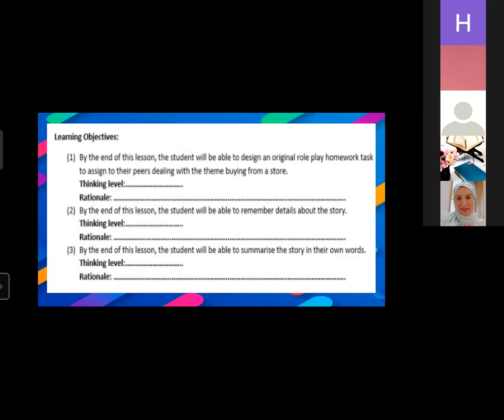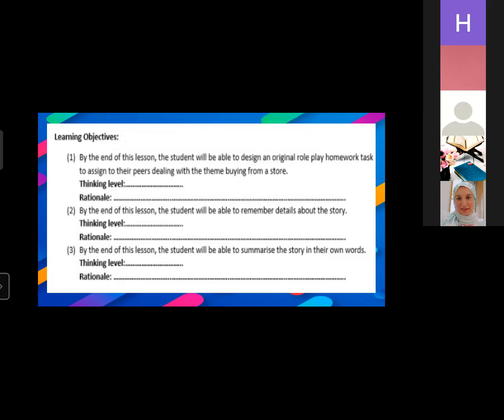And maybe it will be apply also. Maybe create and apply. That's right. Excellent. It is creating and applying. So it can be two levels of Bloom's taxonomy. It can be creating to design an original role play. Here it's apply, but to assign to their peers dealing with the theme of buying from a store, here comes creating.